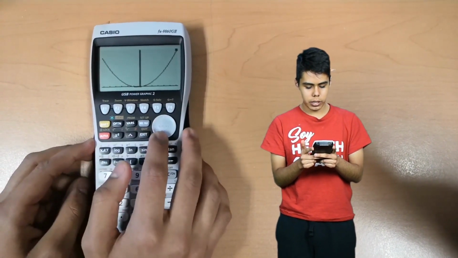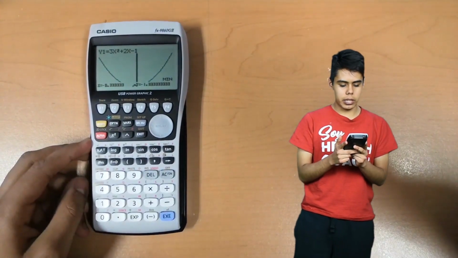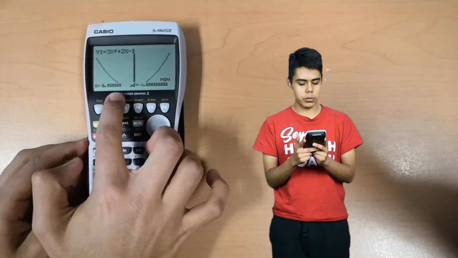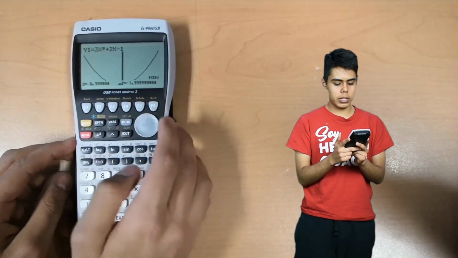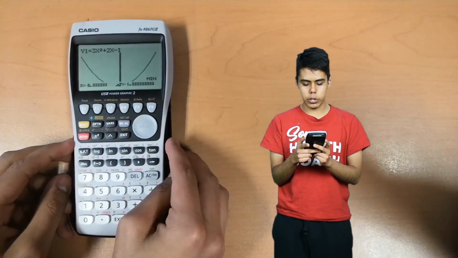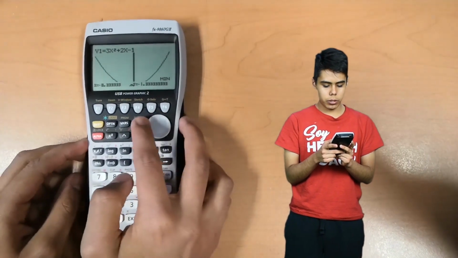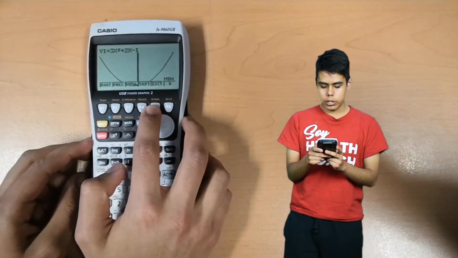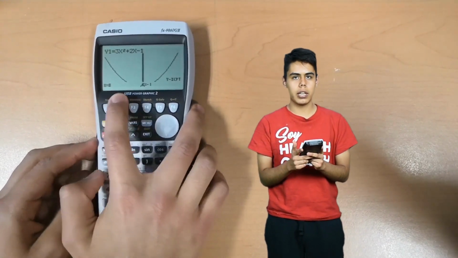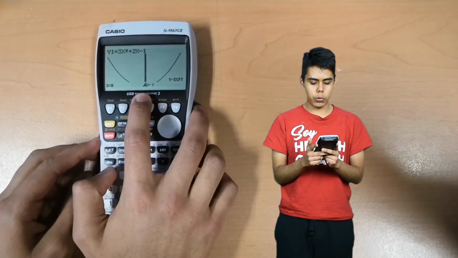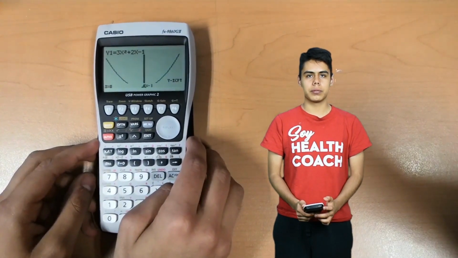We press it and we get that the x point is equal to minus 0.333 periodic and y is equal to minus 1.333 periodic. And we can also solve the y-intercept, which in this case is x equal to 0 and y equal to minus 1.